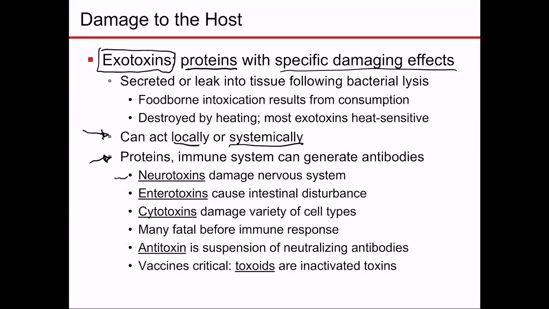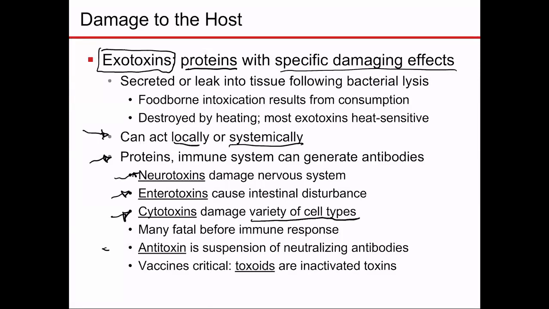If we talk about neurotoxin, we're talking about toxins that damage the nervous system. We're talking about enterotoxins. These are toxins that damage the intestinal cells. If we're talking about cytotoxins, this is just a general group of toxins that are able to damage a variety of different cells.